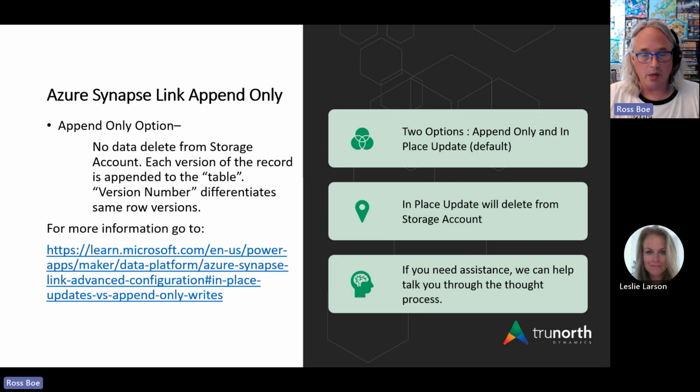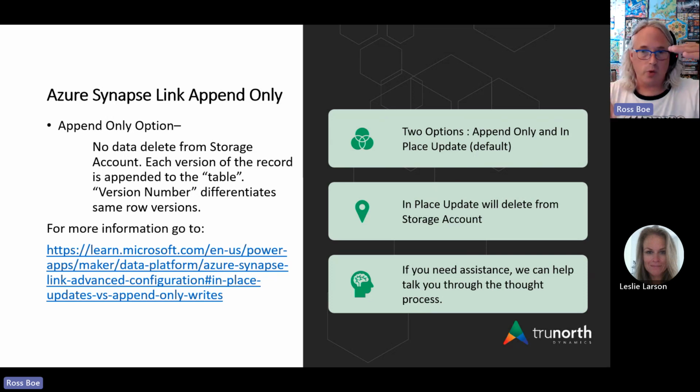One thing I do want to bring up about this topic is, and I bring it up because I had this thought. I thought, ooh, could I do this? And the thought was, can I use this as like a change log or a permanent archive storage? And the answer is kind of not really. So append only, yes, you get versions of the record as it changes, but it's not going to be every change.